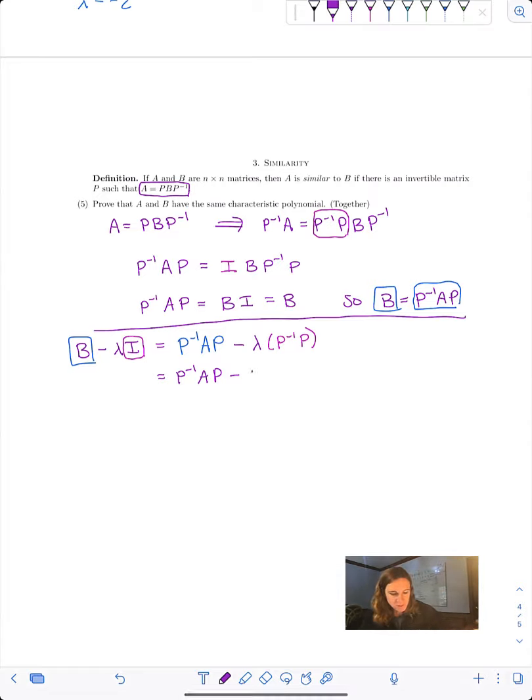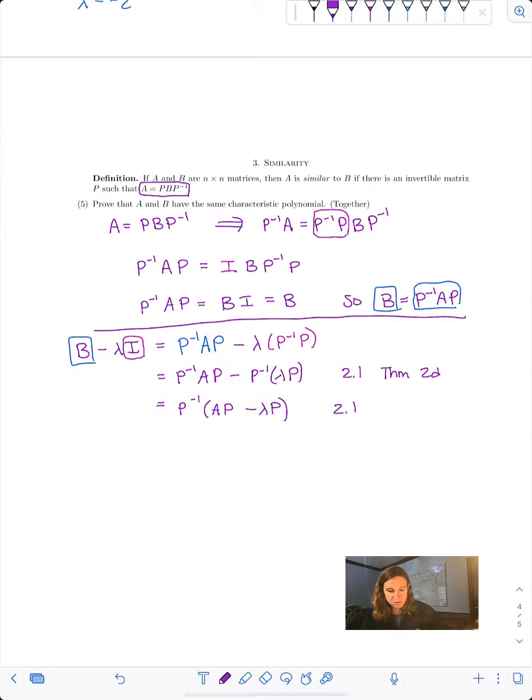So first of all, we can pull that lambda inside our parentheses. We have a theorem in section 2.1 that says when we multiply by a real number, we can move it around. It's commutativity of scalar multiplication. And then we can further take this and factor out that P inverse.